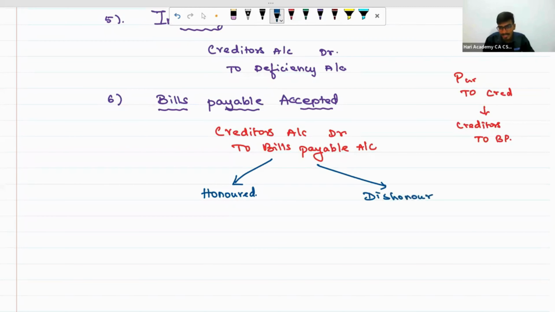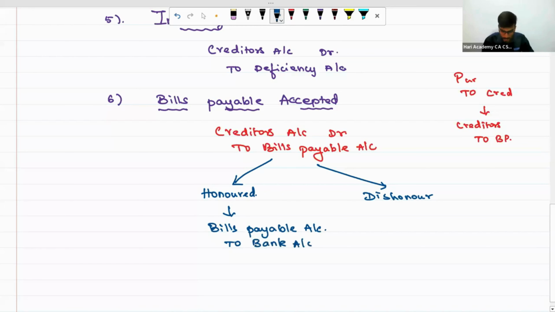I'm just giving an intro about purchases in the bills of exchange concept. Again, I'm just giving an overall view, and later I will summarize it. On honor, we pass an entry that cancels off my bills payable: bills payable account to bank account, as I will pay my cash.